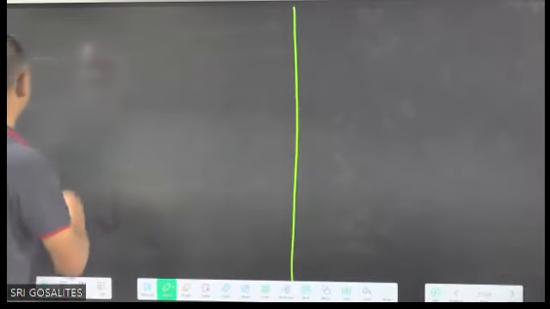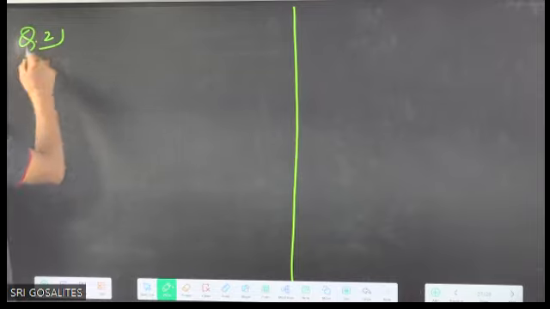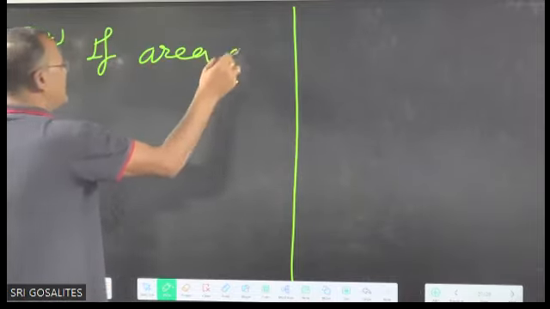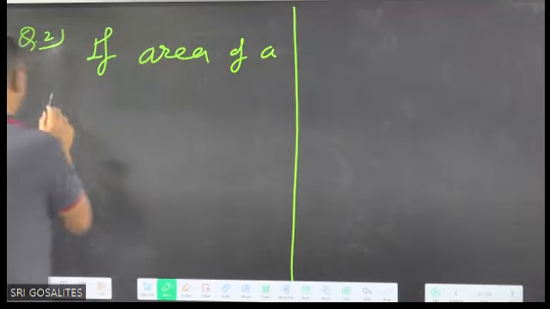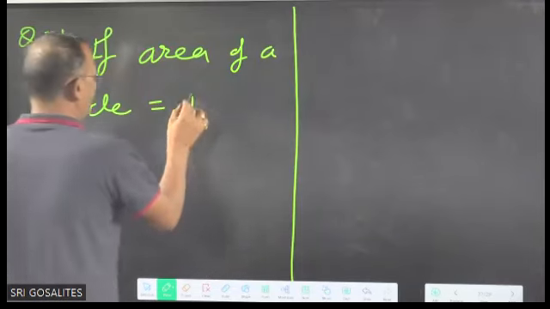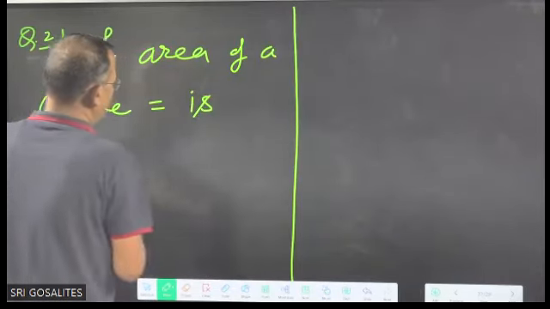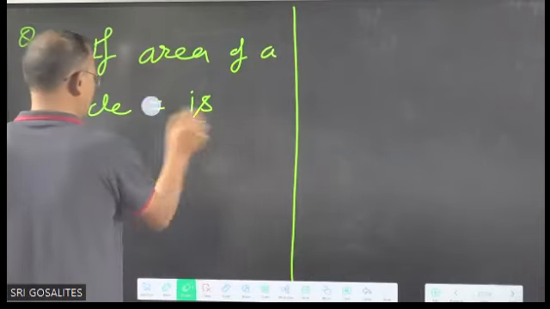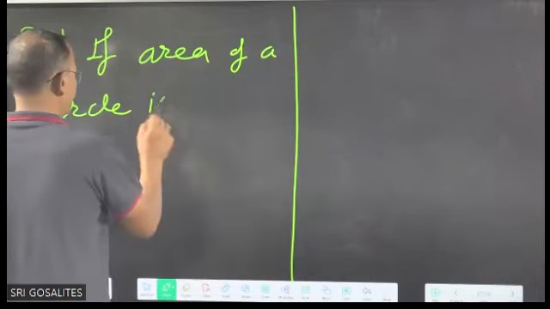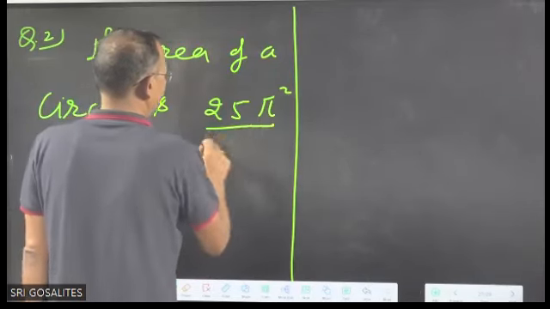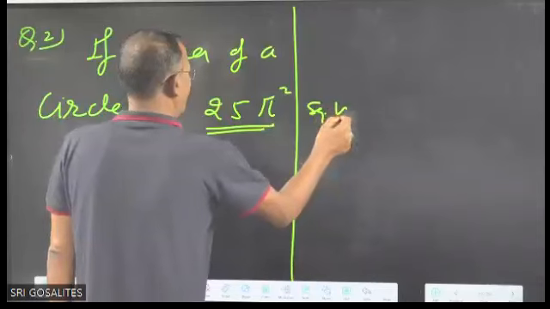So now one question to all of you. If area of a circle is 25 pi square units.